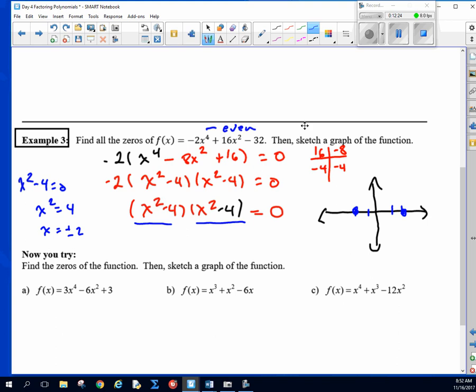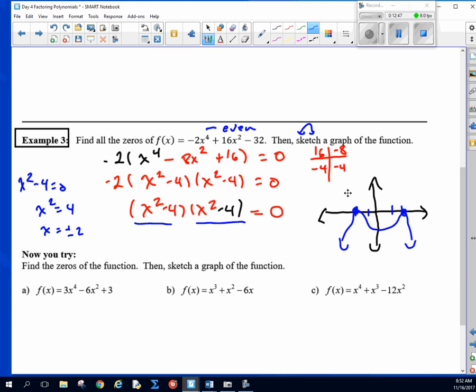So this is strongman. It's going to be facing down. Because these are double roots, I'm going to touch them and go back the same direction. I'm going to start low on the left, touch my 0, come back down, come back up on the right, touch my 0, and go back down. And that's how the graph would look like, somewhat.